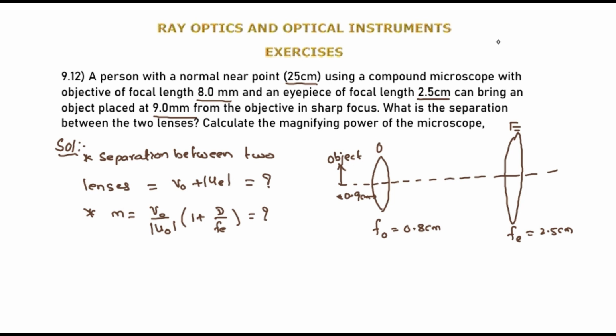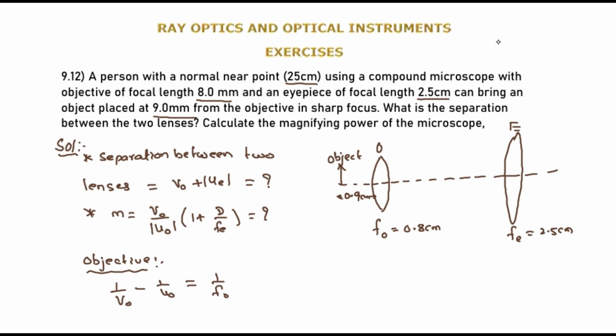Now here, VE is 25 centimeter, UE we need to find out, U0 is given, and V0 we need to find out. So we apply the lens formula for the objective lens: 1 by V0 minus 1 by U0 is equal to 1 by F0.